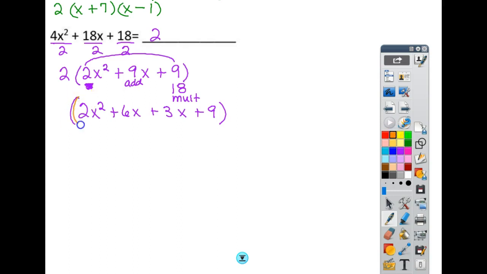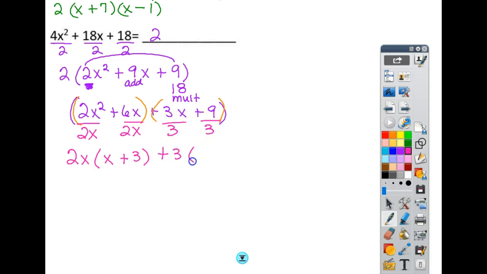Let me move this up a slight bit for you. Now we're going to group there, group there, group there, group there. What will 2x squared and 6x both divide by? 2x, good. When we do that, we get 2x and we get what? X plus 3. So x plus 3 is probably going to be one of my factors, and I'm going to check it over here before I decide to write it down for my answer.